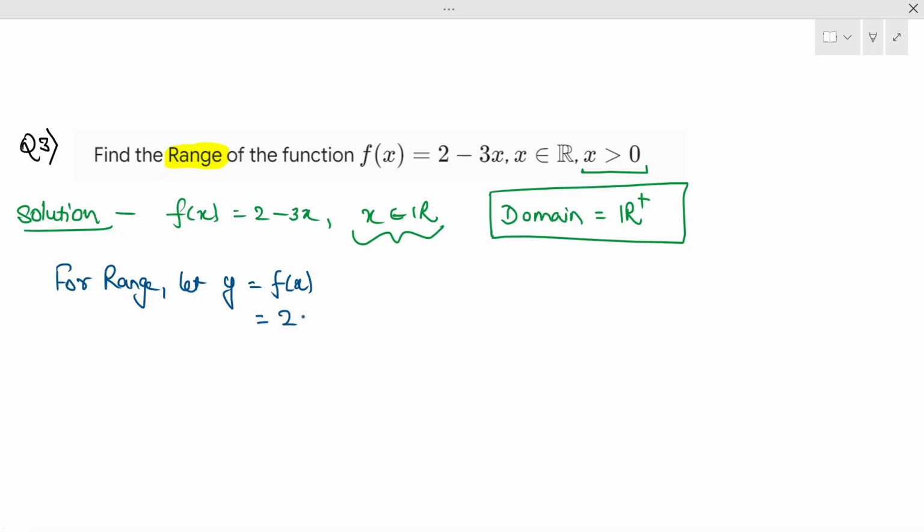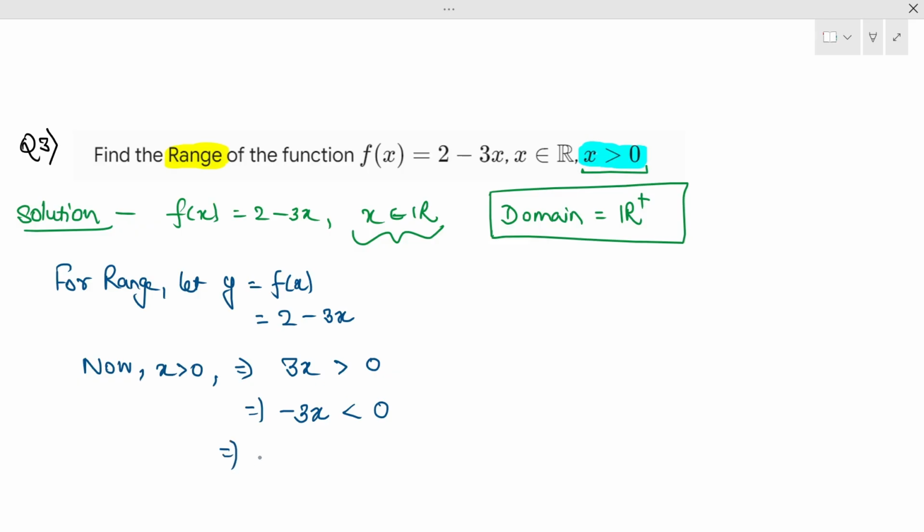Now x is positive, according to the question. So if x is positive, it means that 3x will also be positive, right? And if I put a negative sign, the sign will change, so minus 3x will be negative, right?